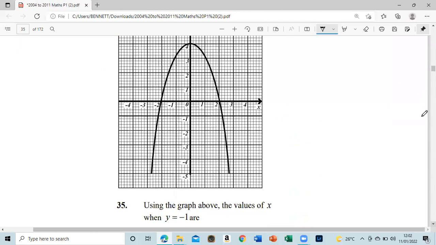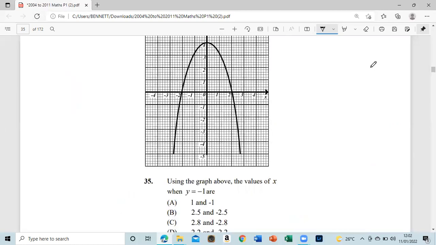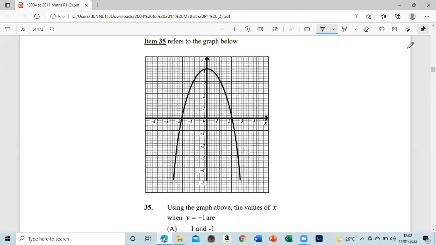Let me make 35 a bit smaller. All right, using the graph above, find the values of x when y equals negative 1.